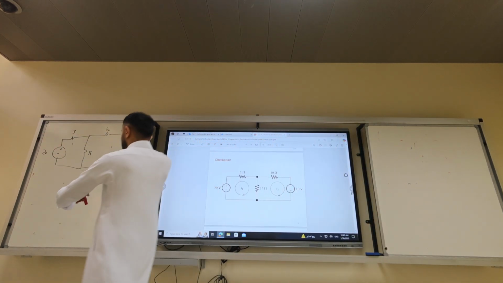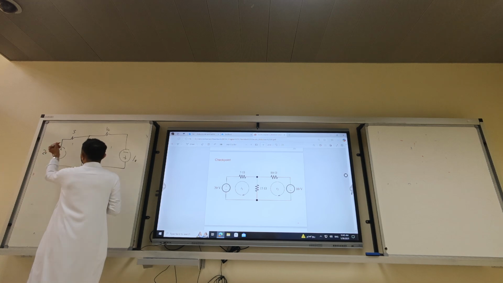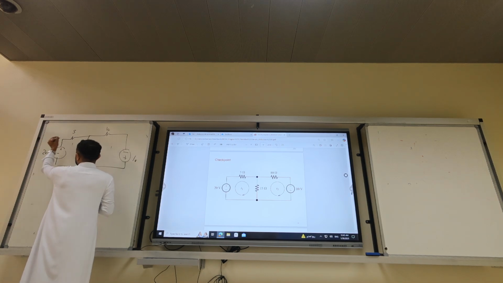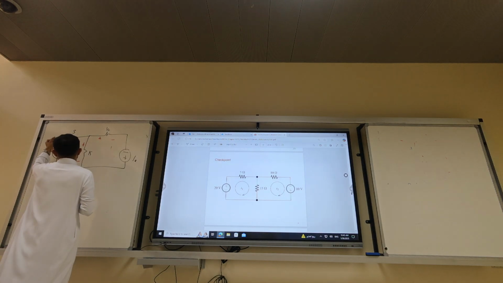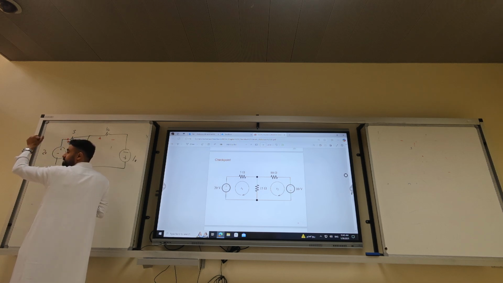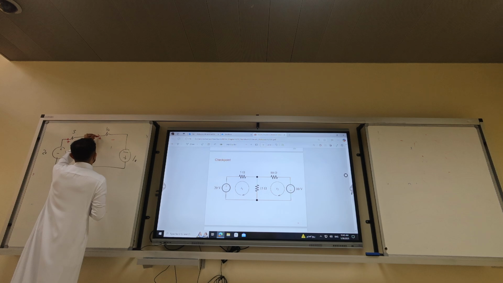Plus minus. Okay, how about the current? Where do you want the current to enter usually from? From the top. Why? So that we don't mess up the passive sign configuration. Okay, the signing is good, right?